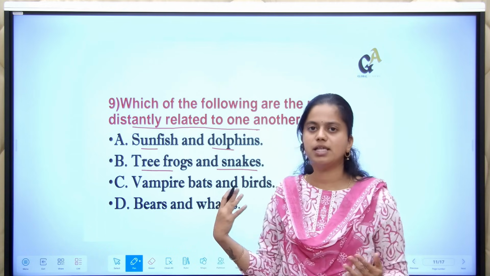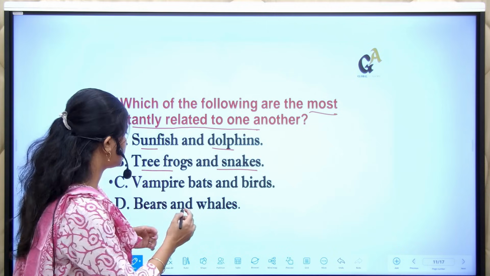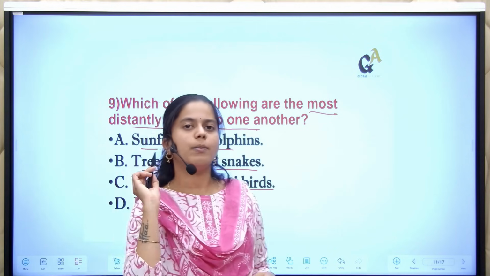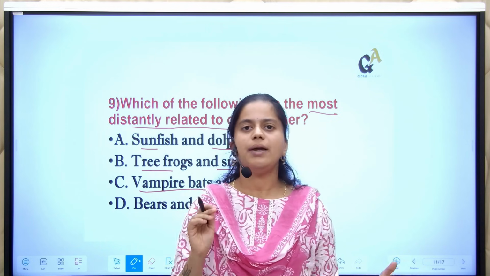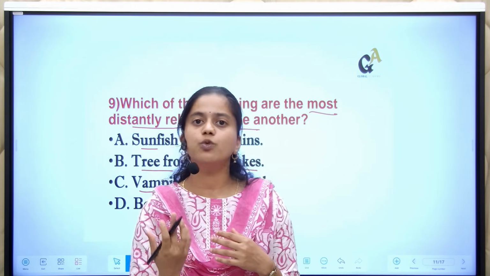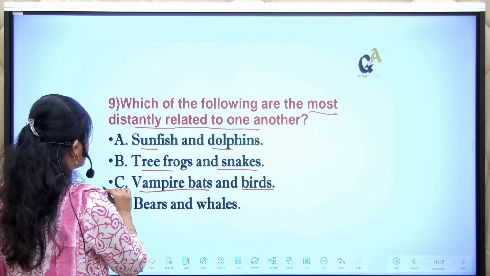What about the whales? They are present in the sea. So let's talk about option C, that is the vampire bat and the birds. Both have the common feature of flying, right? Its anatomy is slightly different, but the organ for movement is the wings. For flight they are using the wings.